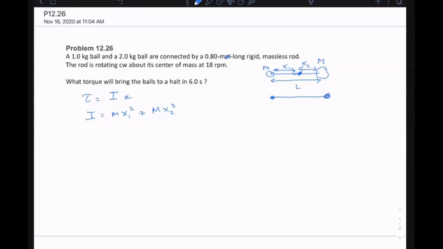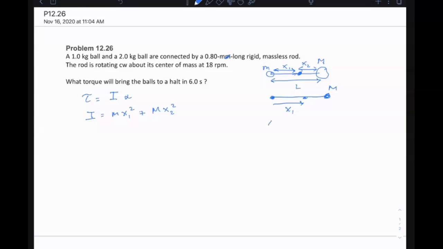So we have at a distance L from the left-hand mass, the big mass, and we want to find out what the location of the center of mass is, which in this case is equal to x1.